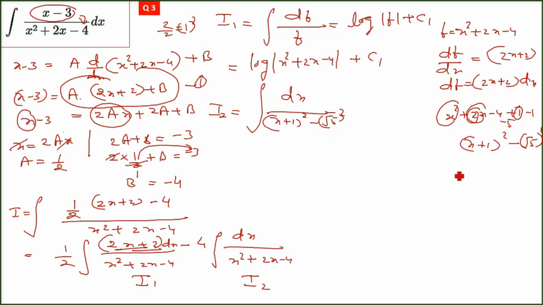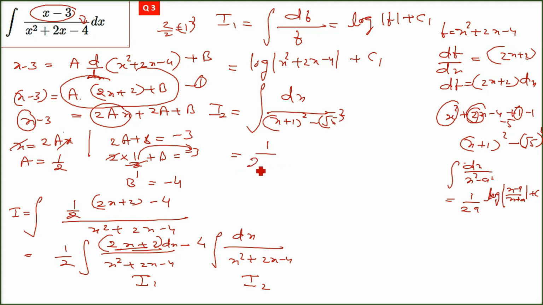And you already know the formula for integration of 1 by x square minus a square. We have already seen it, but just to recall so that it sticks in your mind, dx by x square minus a square will be 1 by 2a log of x minus a by x plus a, but it has to be included in the modulus sign. So log modulus of x minus a by x plus a plus constant of integration, call it c2.